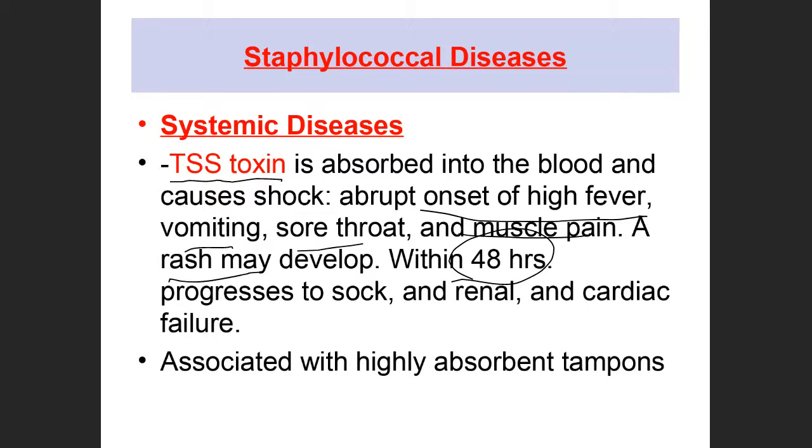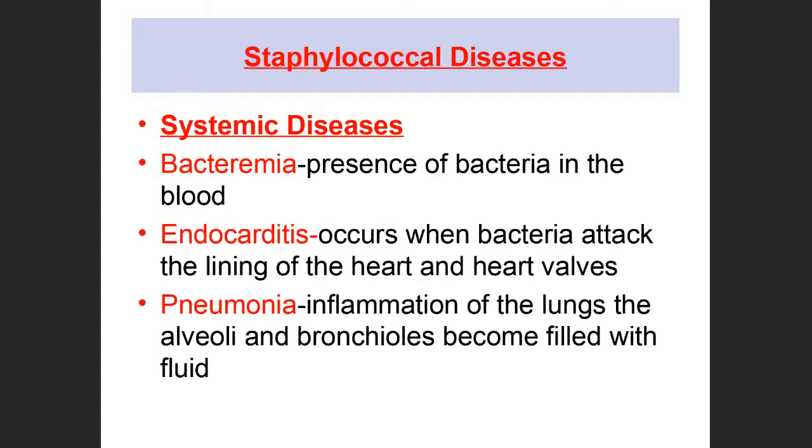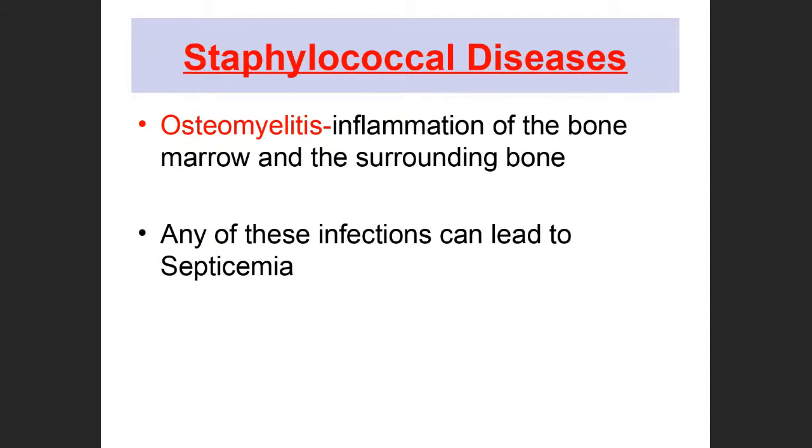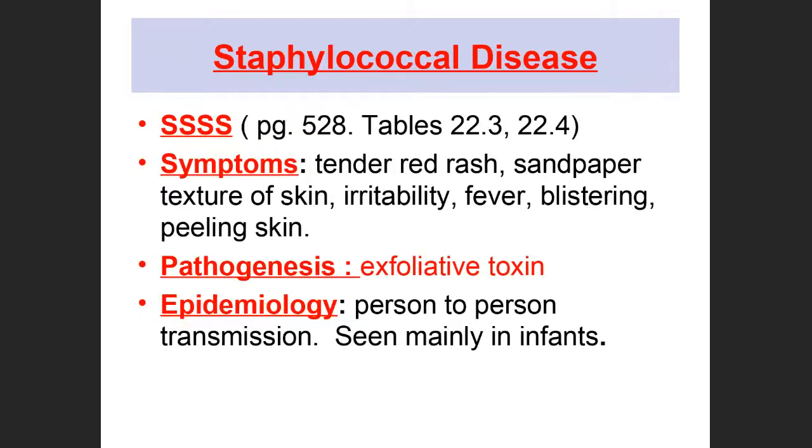And that could progress to shock, renal and cardiac failure, which is really what is deadly. This is the syndrome that was associated with highly absorbent tampons. Other systemic diseases that Staphylococcus aureus can cause: bacteremia, endocarditis, pneumonia, osteomyelitis, especially in children.